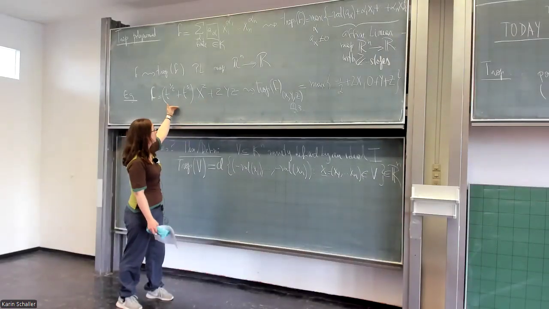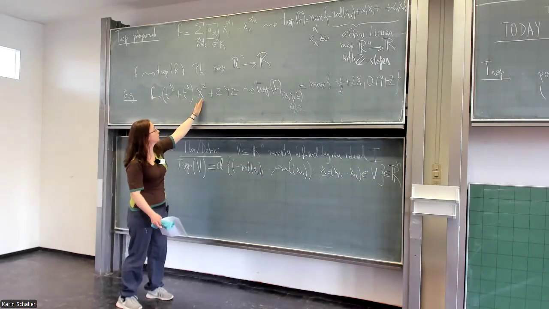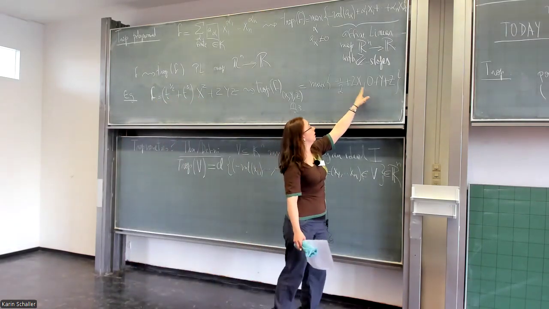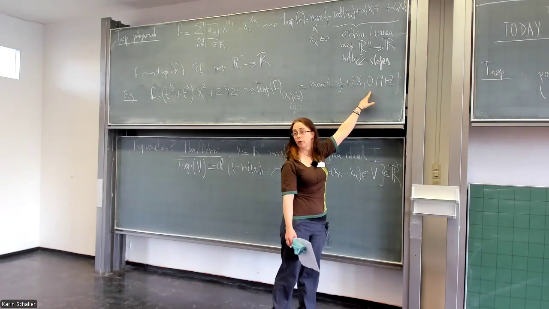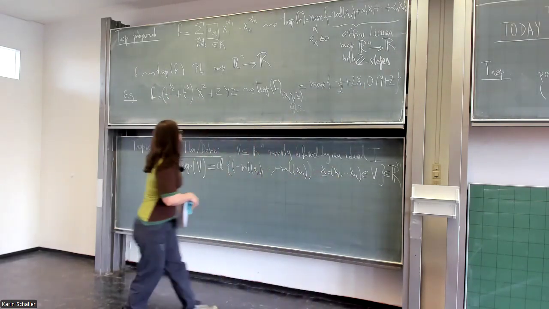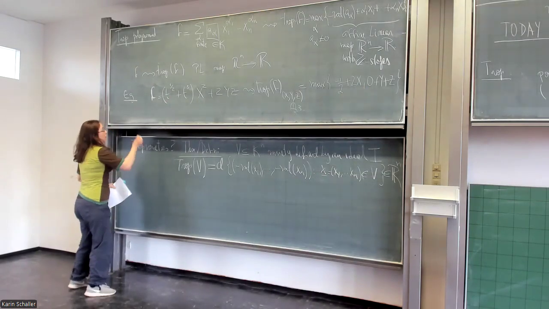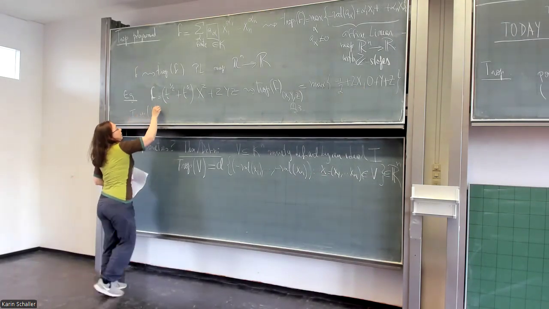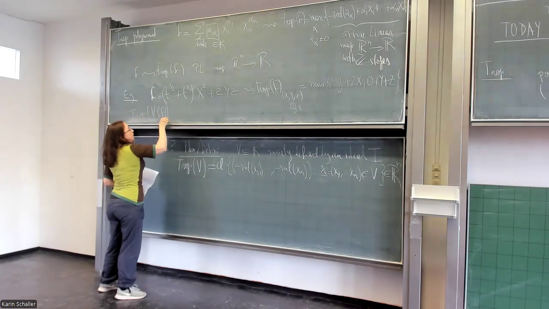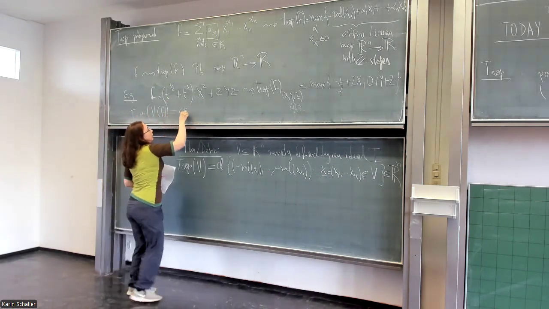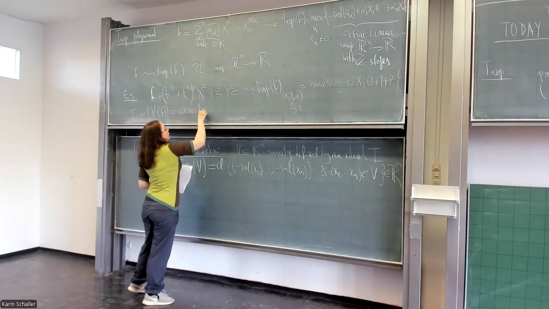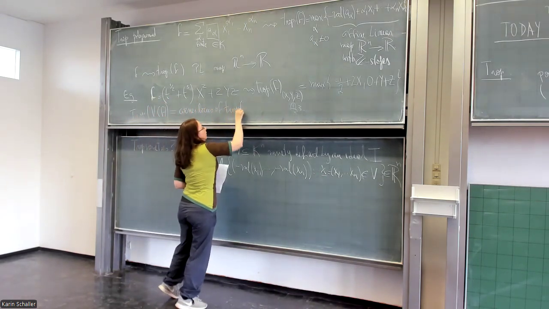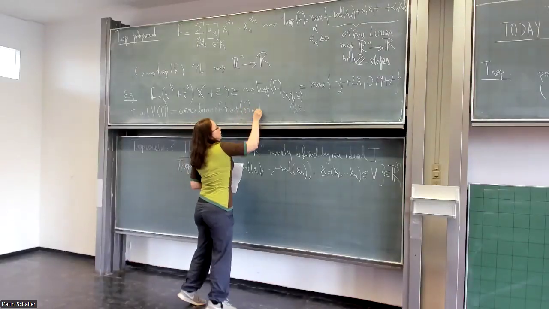So there should be something about valuation of this term compared to valuation of that guy, and that's precisely saying these two guys should agree. Okay, and so here, the tropicalization of the variety defined by some polynomial is going to be the corner locus of f in R^n.